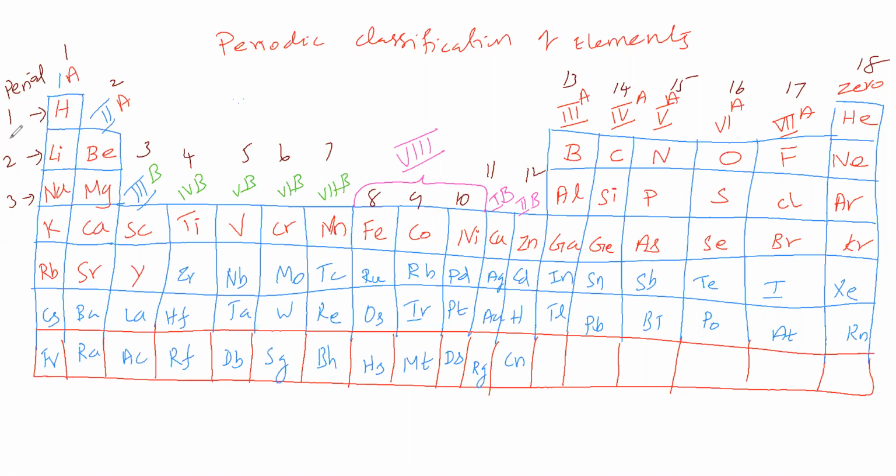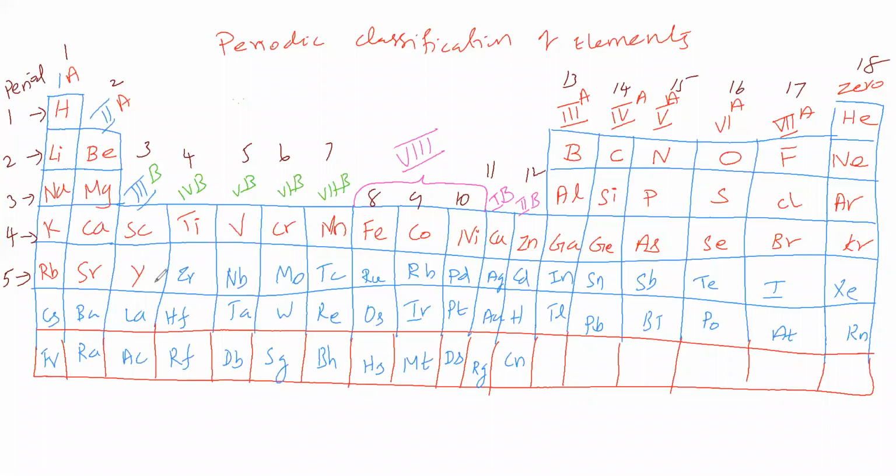The fourth period starts from potassium. Then calcium, scandium, titanium, vanadium, chromium, manganese, iron, cobalt, nickel, copper, zinc, gallium, germanium, arsenic, selenium, bromine, krypton. It is the fourth period. Next, the fifth period.